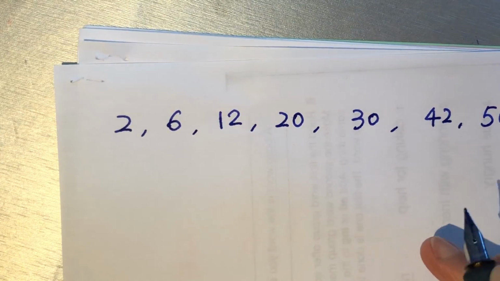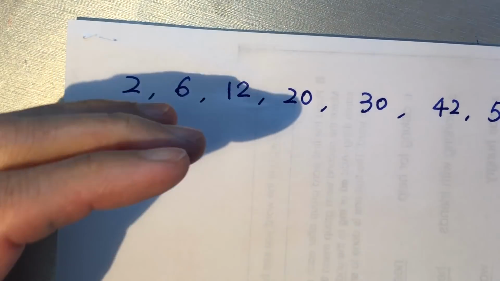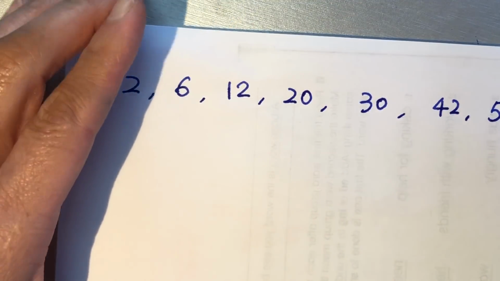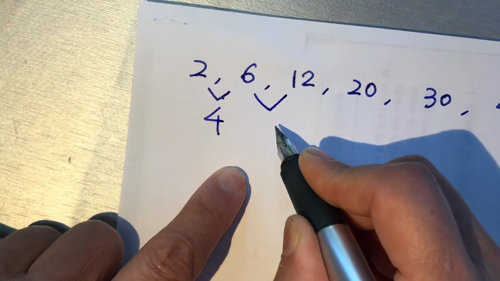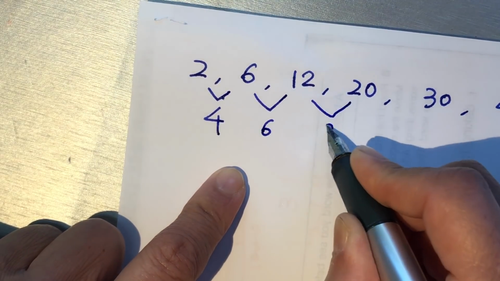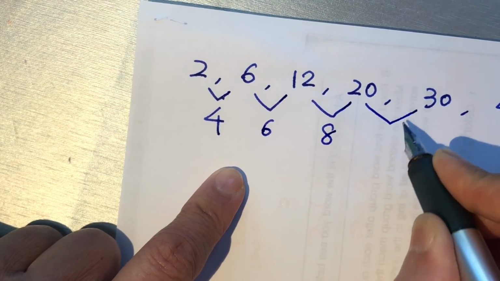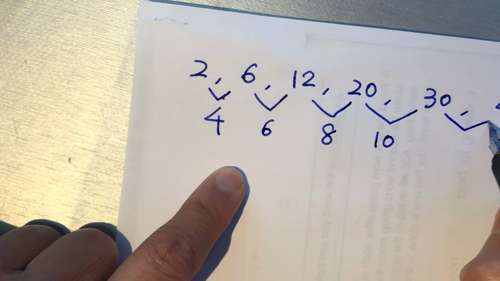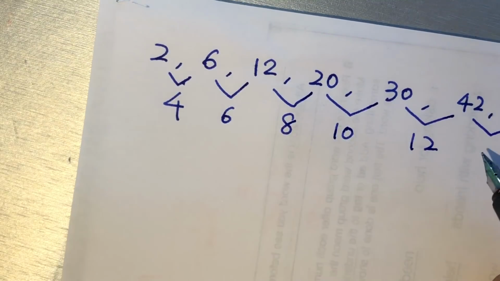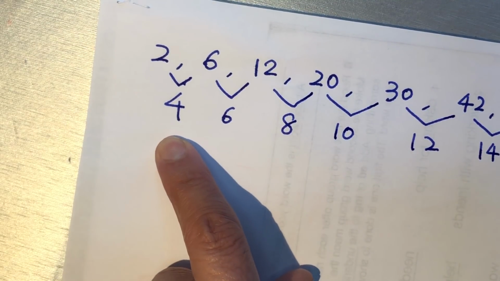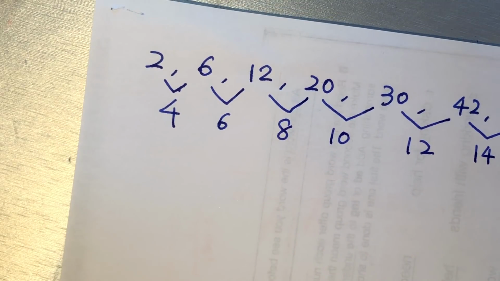So I was trying to see, and I saw that the difference between the first two is 4, between the next two is 6, then 8, between 20 and 30 is 10, between 30 and 42 is 12, between 42 and 56 is 14. I was just thinking along that track and could not get out.